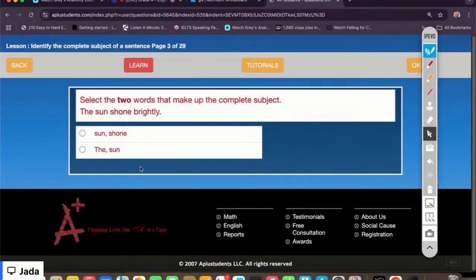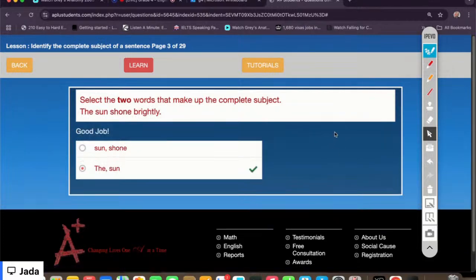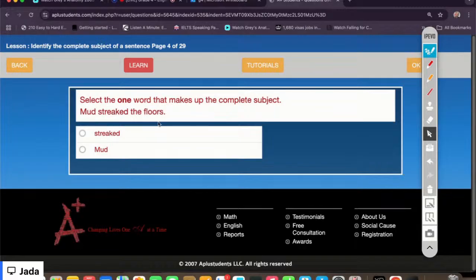All right, so we have the sun. Mud streaked the floors.